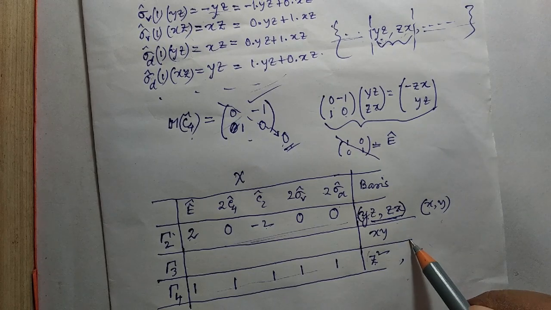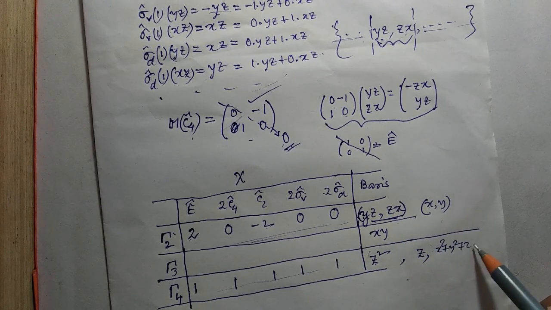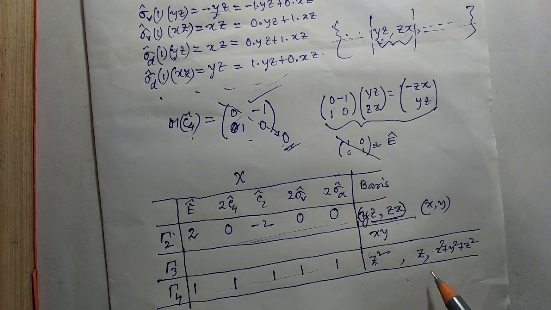If you consider the s-orbital function, x square plus y square plus z square, that will also remain unchanged under the action of symmetry operators. That will also give this totally symmetric irreducible representation.